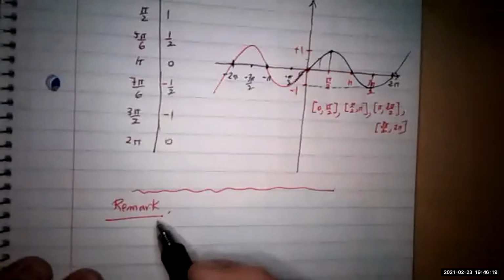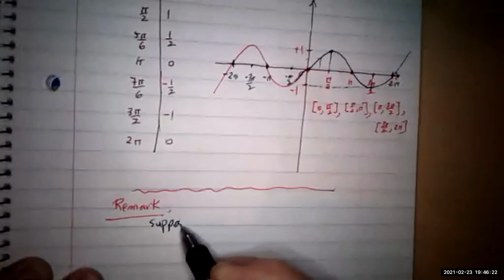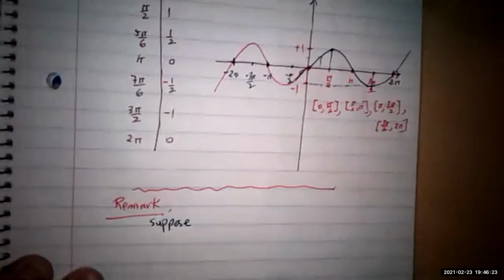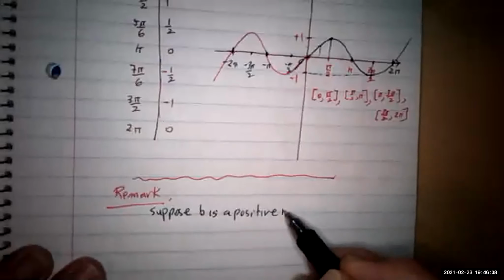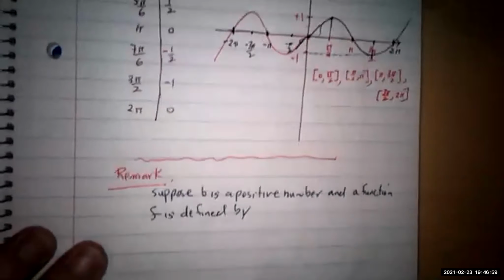Suppose b is a positive number, and a function f is defined by, this is going to be our function.